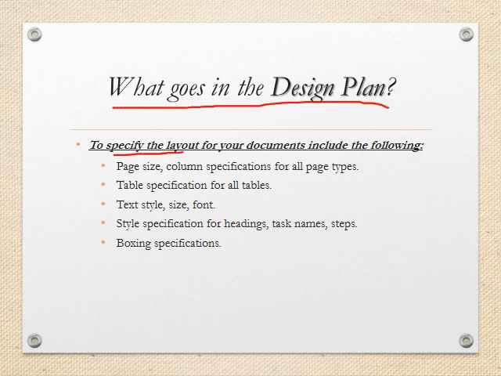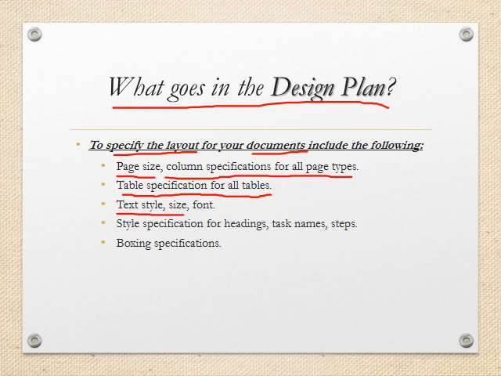If we want to specify the layout for our document, we have to include some specific elements. For example, the page size, the column specification for all page styles. A table specification for all the tables: if we have tables in our document, we have to define the specification for all the tables and their format.